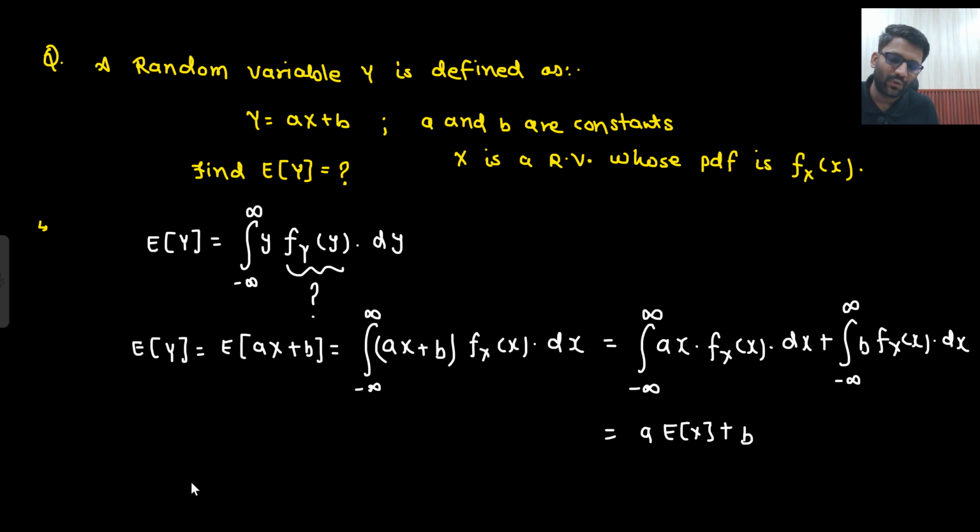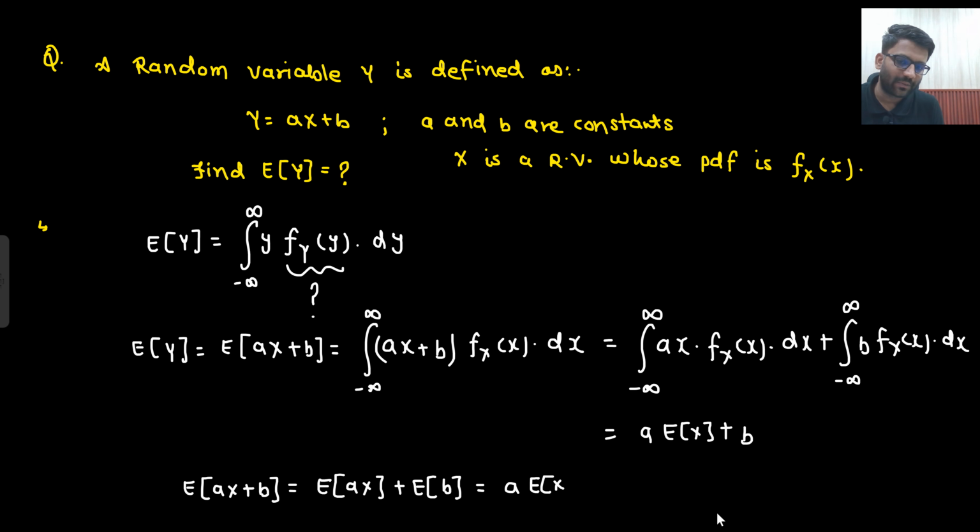B. So what you got to know here, expectation of ax plus b is coming out to be expectation of ax plus expectation of b. So this is coming out to be, a is a constant which can come outward, expectation of x, plus b is also a constant, so expectation of any constant value will be that constant value only.